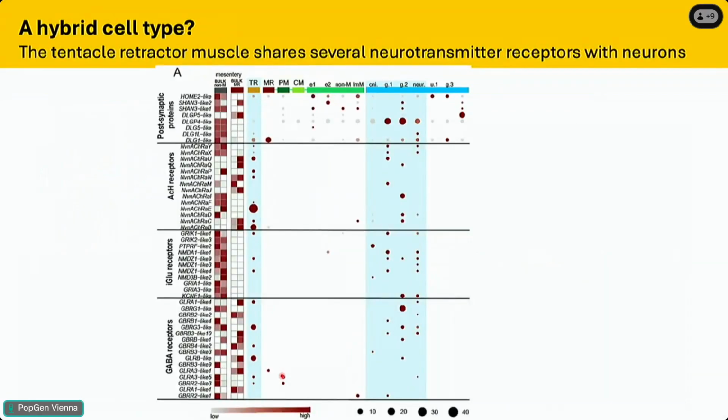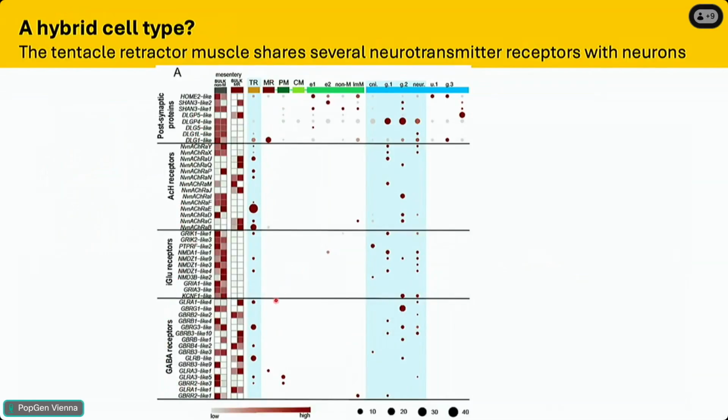And this extends to other markers. Here, in the single cell transcriptomics, this is a tentacle retractor muscle next to the other muscles. And here we looked at different postsynaptic proteins, but also acetylcholine receptors, glutamate receptors, GABA receptors.